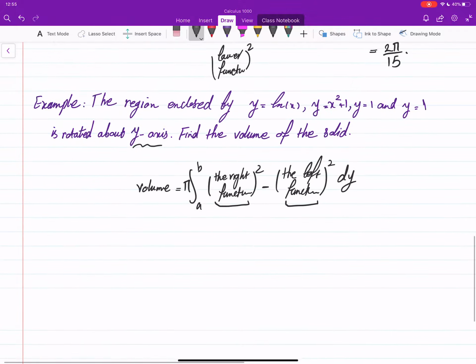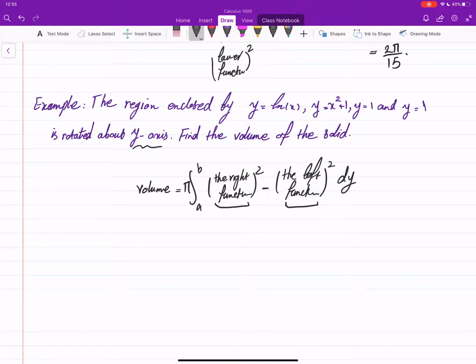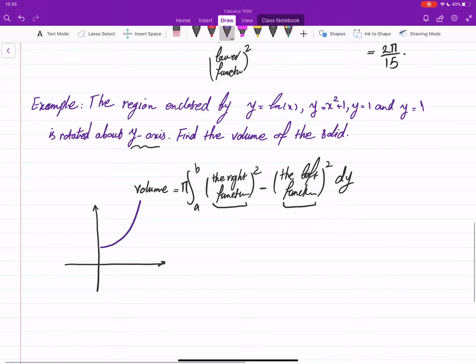Okay, let's see this in an example. So here, what is the region we have? This is x squared plus 1, nice. This is this parabola. Did I do this one not nicely? Okay, so this is the parabola. Y equal to 1. Oh, this is supposed to be x equal to 1.